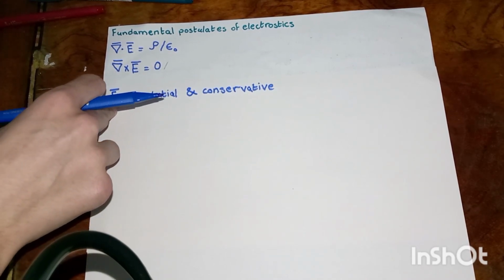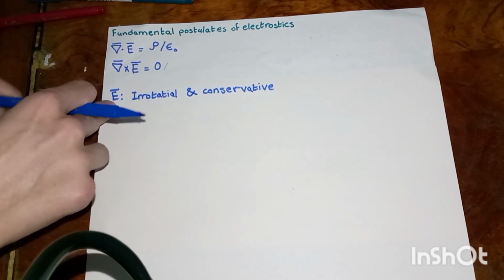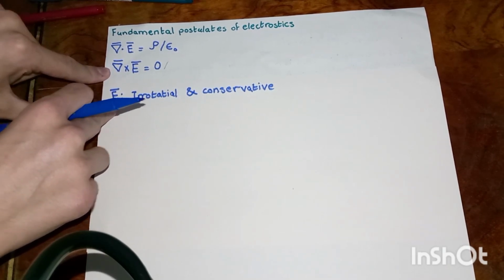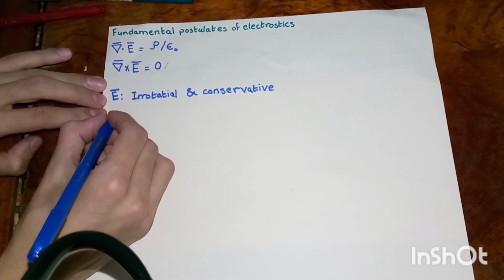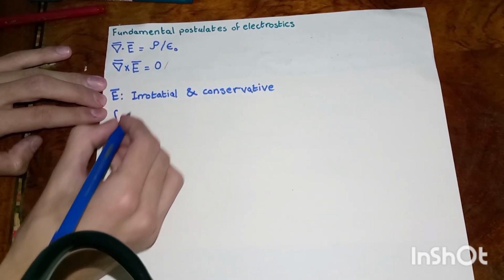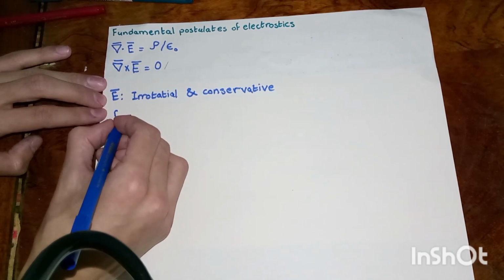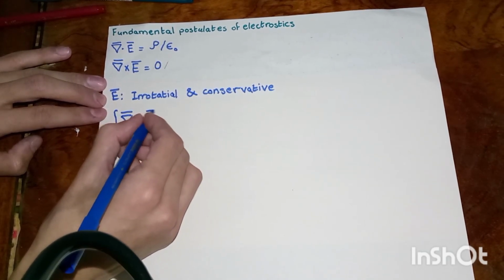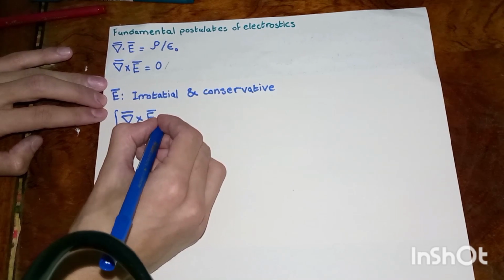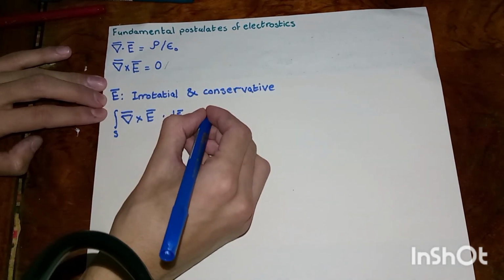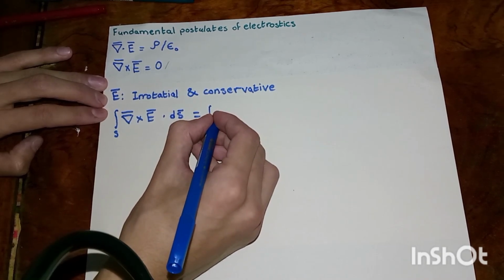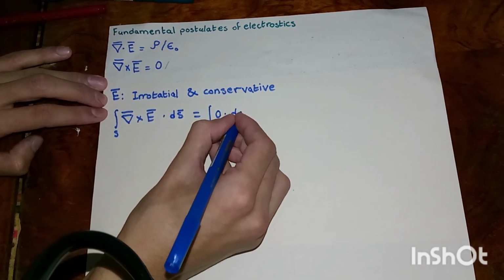path equals 0. And when we apply Stokes' theorem to this equation, we will do it by taking the surface integration for both sides. I will take the surface integration for the left hand side, curl of E times ds, equals 0 times ds.